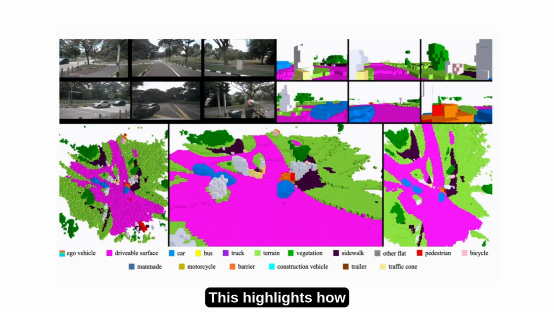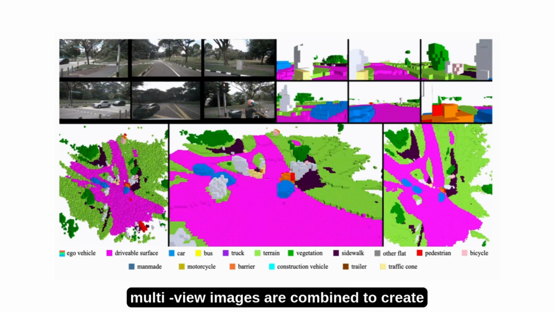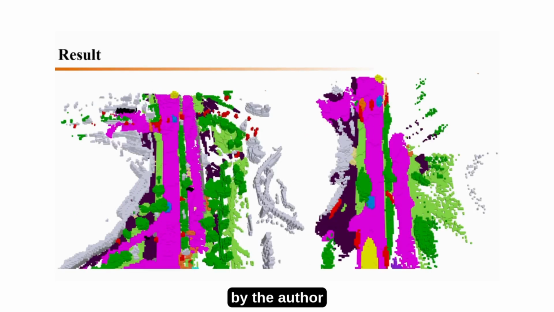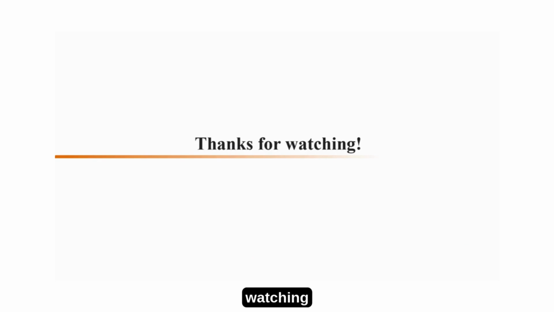This highlights how multi-view images are combined to create accurate 3D segmentation, with different colors representing object categories for easy observation and understanding. And these two slides show results we got using the method provided by the authors.